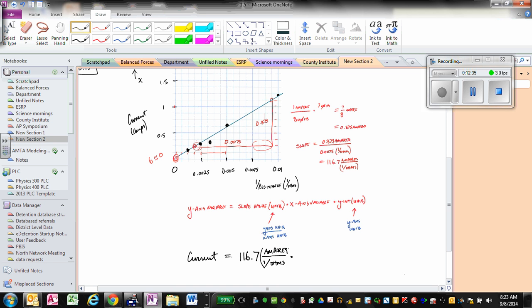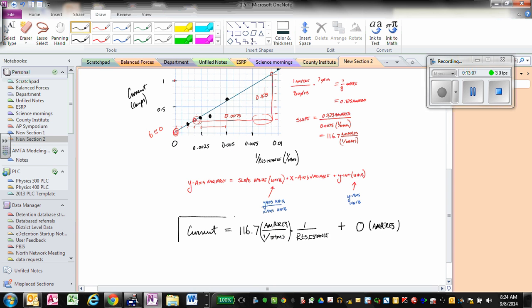Those are my units. My x-axis variable is 1 over resistance. To that, I'm going to add my y-intercept, which in this case is 0, so I wouldn't normally have to write this. I just want to show you how this would look if that y-intercept were a number. 0 with its units of the y-axis, amperes. Alright, and then this is our mathematical model for the original data set.